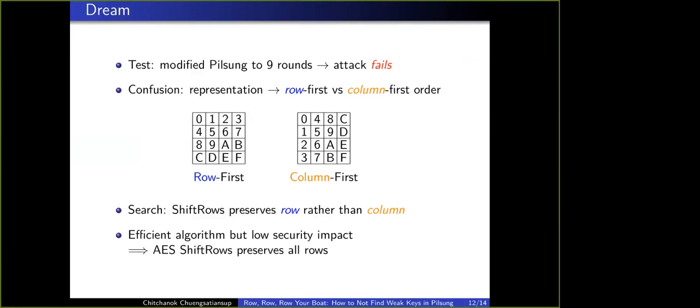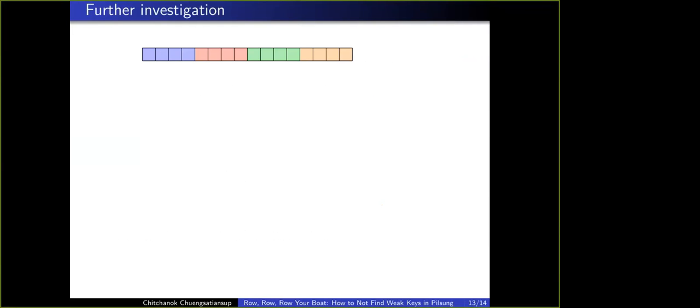Once we had a better understanding of Pilsung, we again investigated whether it can indeed have permutations that preserve columns or not. Now I use the same colors to represent the same columns because it is column-first order. So the first 4 bytes are one column and the next 4 bytes are the next column.